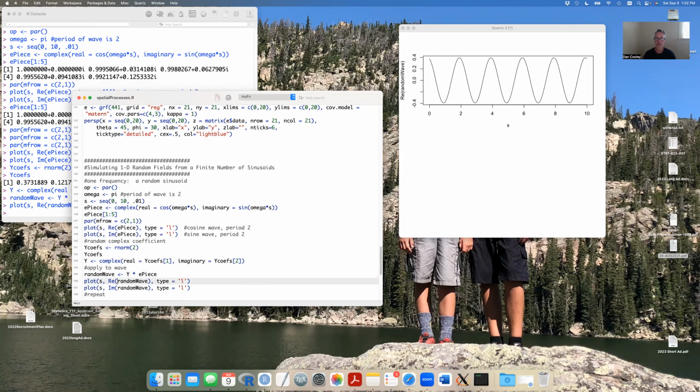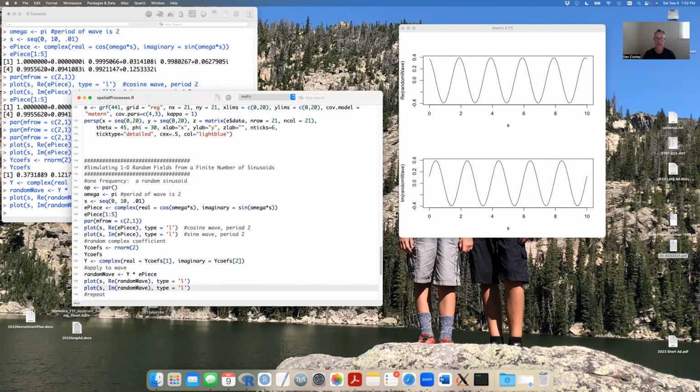My random wave has a real part and it has an imaginary part. So if we think of this as our location in space, we're introducing something random. It, of course, is going to have a period of 2. Both of these waves have period 2. The magnitude of the wave is random, but also the shift of the wave is random.